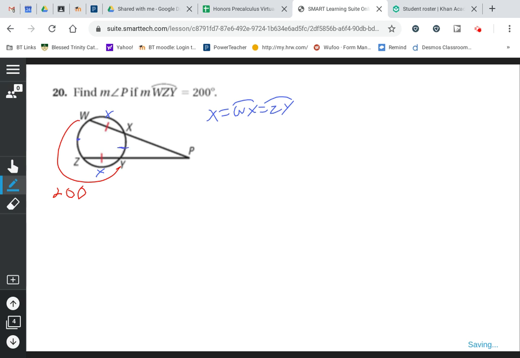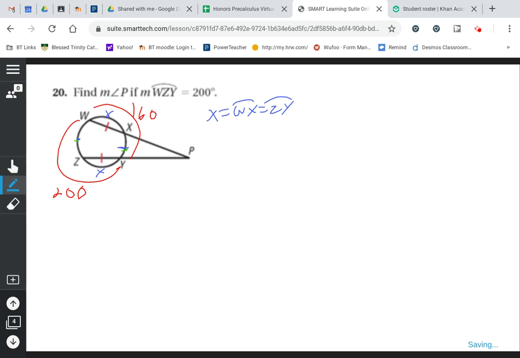Since WZY is 200, we also know that WXY has to be 160. Given that, we can now find WZ and XY respectively. Think about it, guys.